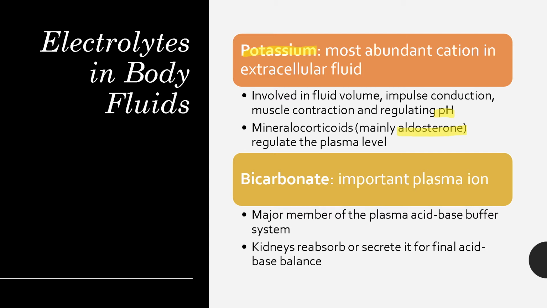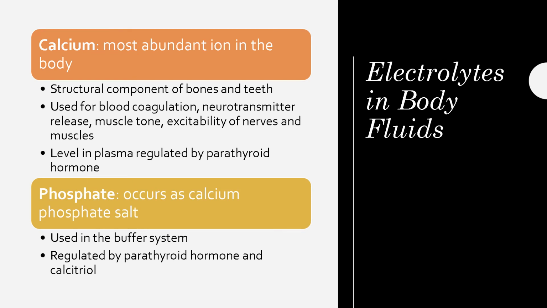Then we have bicarbonate. This is also a very important plasma ion, and it's a major member of the acid-base buffer system. The kidneys will reabsorb or secrete bicarbonate for final acid-base balance. Now, because such a large amount of calcium is stored in bone, it's really the most abundant mineral in the body.